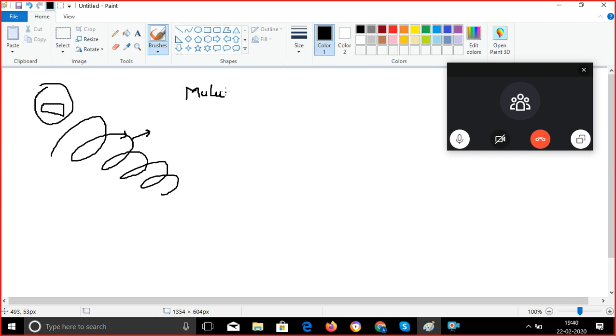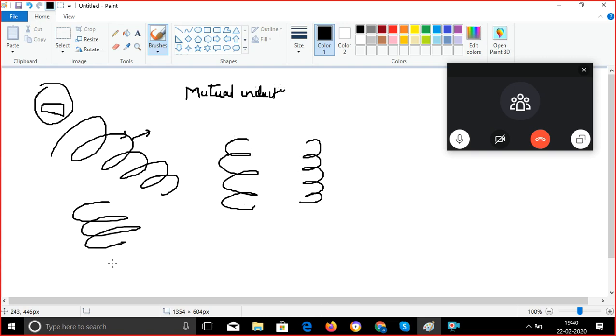So the transformer works on the basis of mutual induction. Mutual induction means, suppose this is a coil and there is another coil. Previously, a magnet was inducing an EMF inside the coil, but here this coil transfers or induces EMF in this other coil.